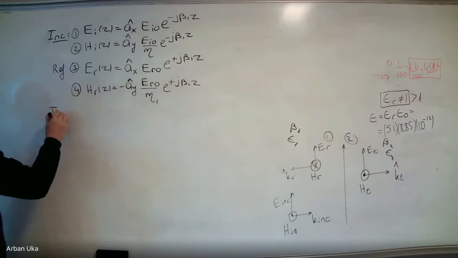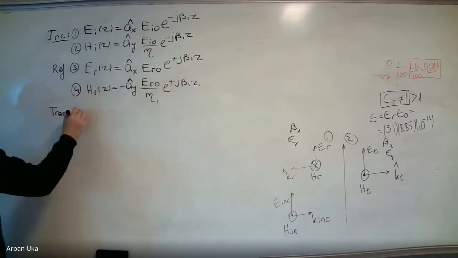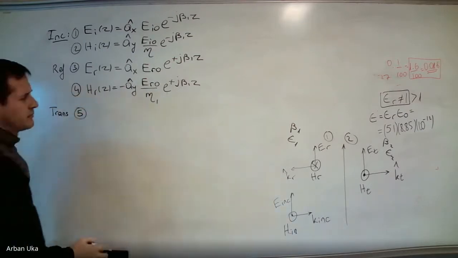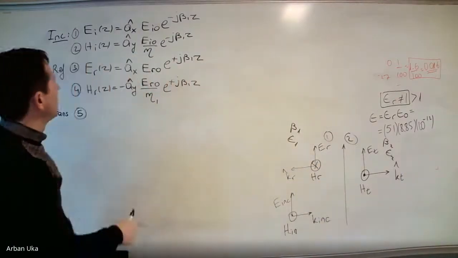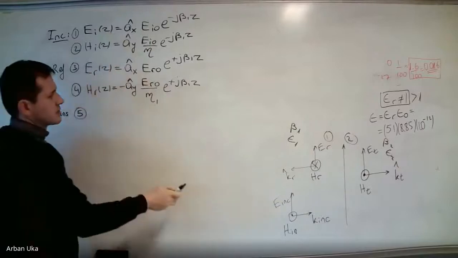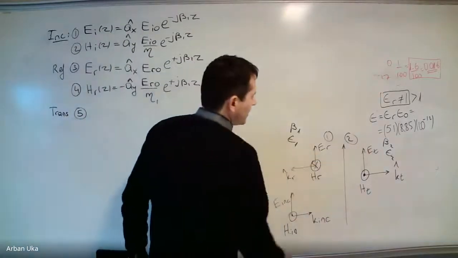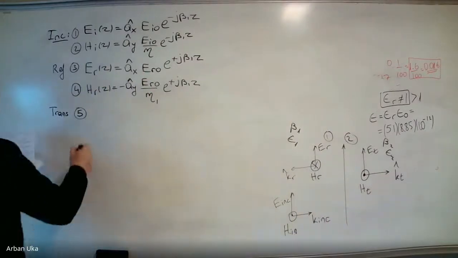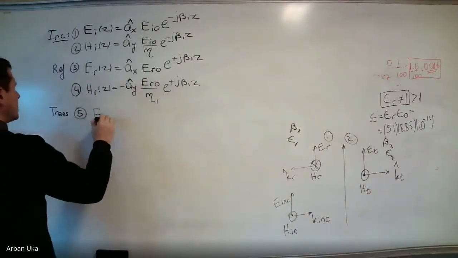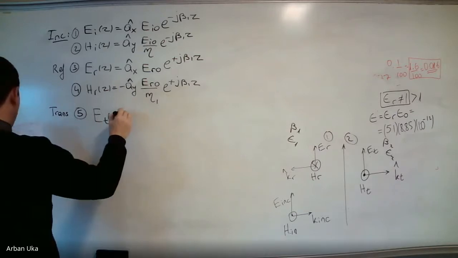The third region, this is the transmitted wave, for which we write the fifth equation. This wave is going to have the same direction as the first one, because it's pointing in this direction, and the propagator is going to be very similar. So here we have E transmitted as a function of z.